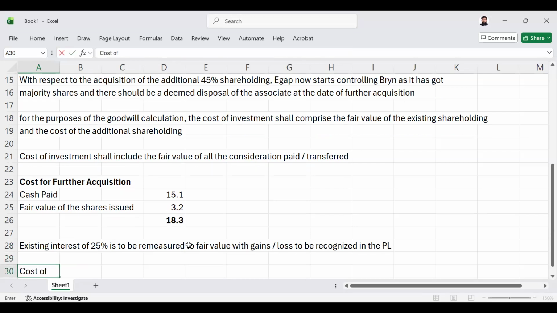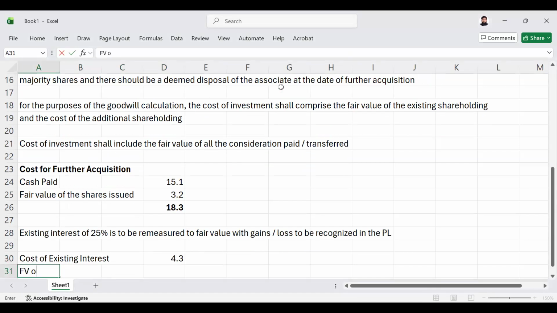So cost of existing interest was basically the fair value of existing interest.